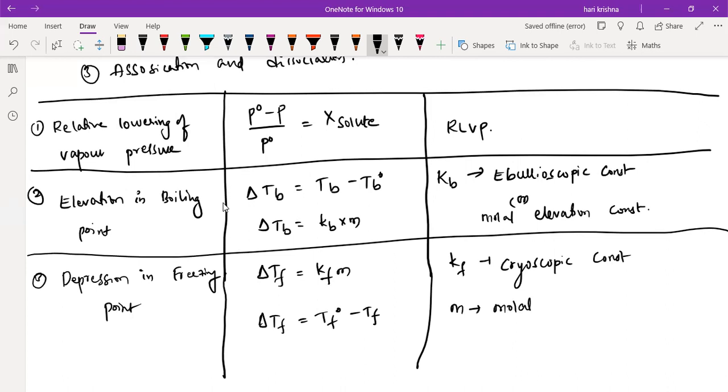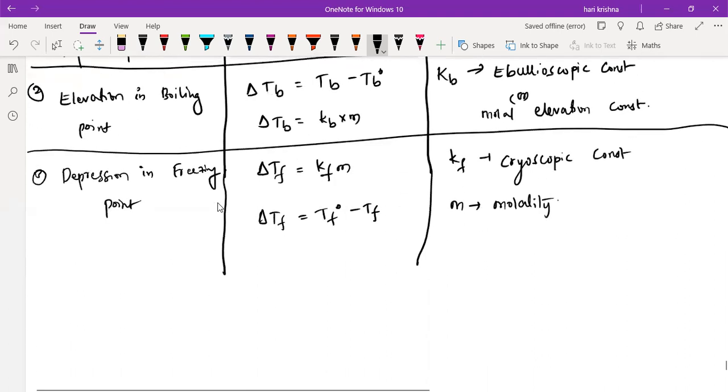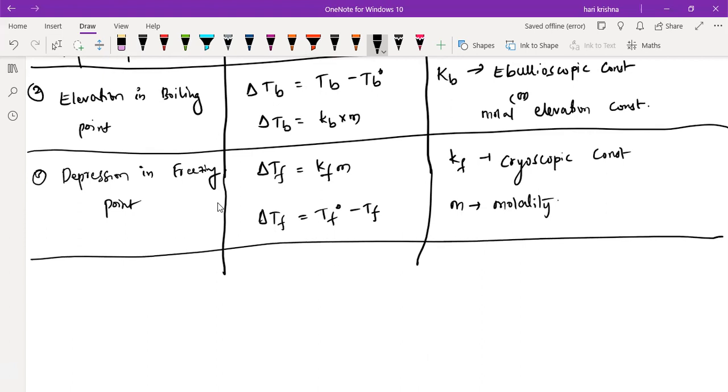Molality. Already you know the formula for molality. What is the formula for molality? Number of moles of solute by volume of solution in liters.